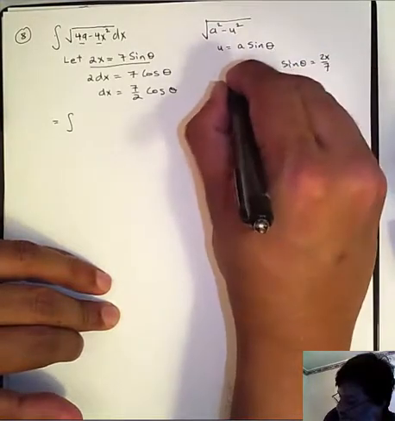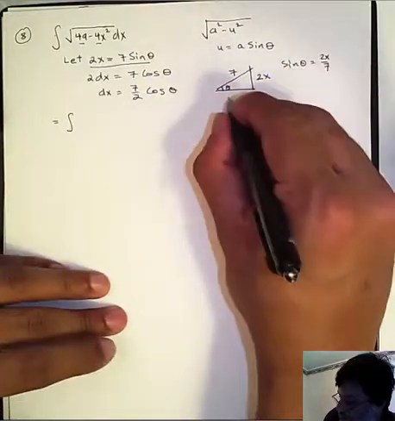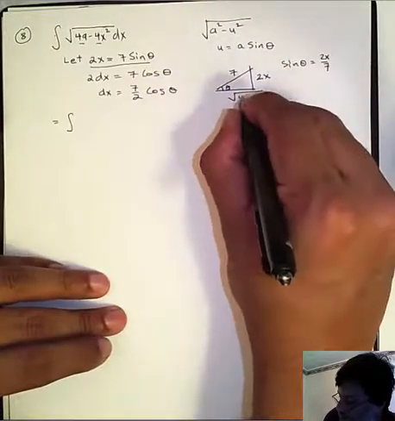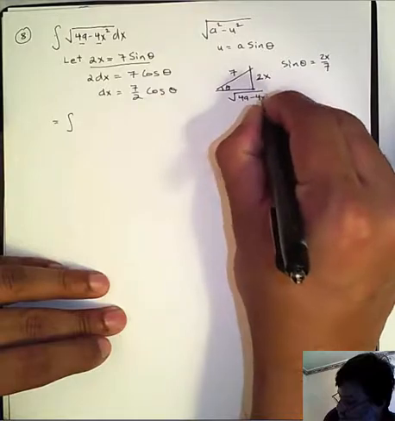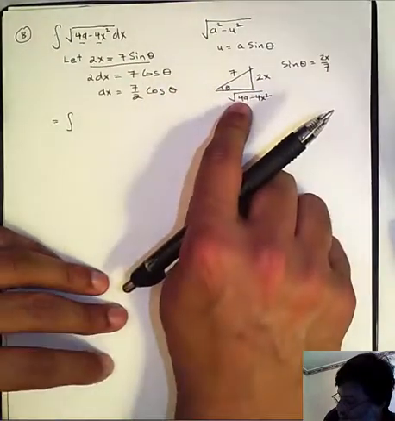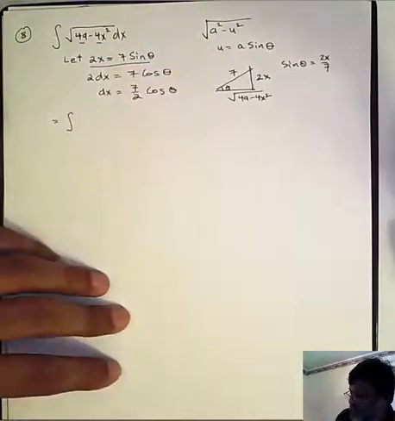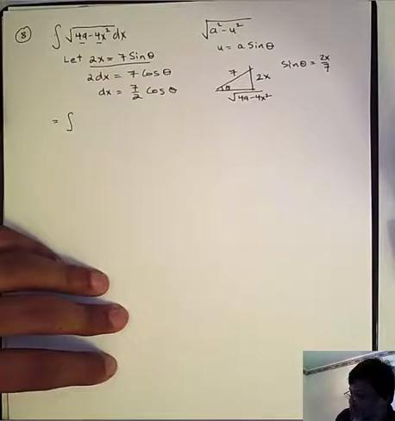Well, 7 will be the hypotenuse, and 2x will be your opposite. If that's the case, your adjacent will be exactly what you have here. So this is a checkpoint to see if your assumptions are correct.